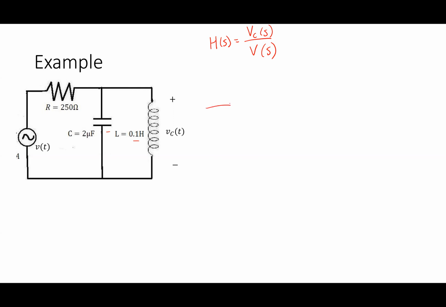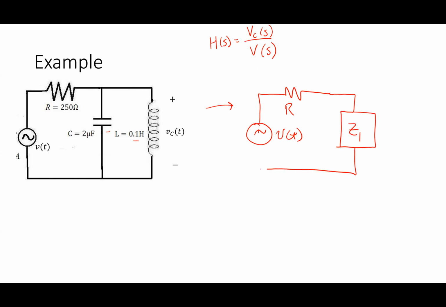So in general, what we're saying is you would replace this. You'd say I've got V of t. All right, so here's V of t. I've got a resistor here, so I'll call that R. And then we're going to combine that into one impedance right here. I'll call that Z1. That's basically what you're proposing to do, I think. All right, so at this point, isn't the voltage across that parallel combination the same thing?